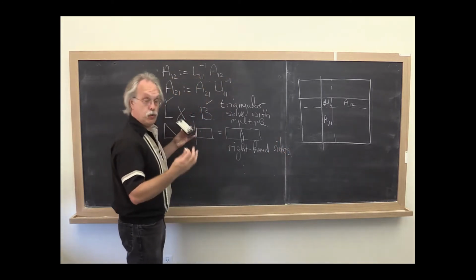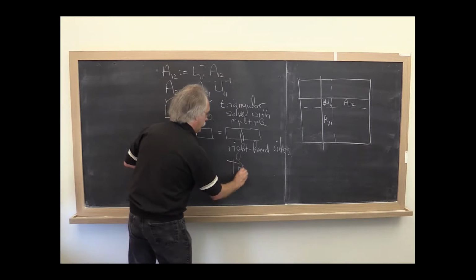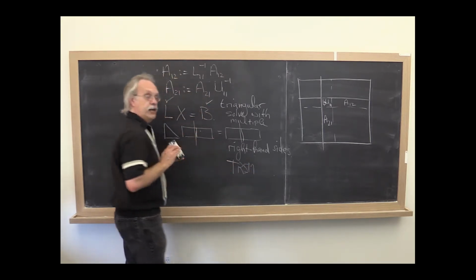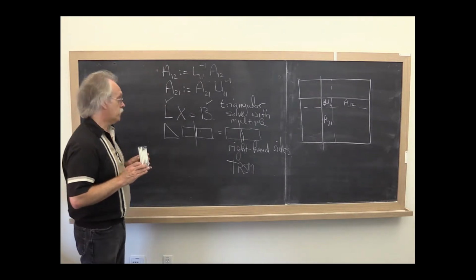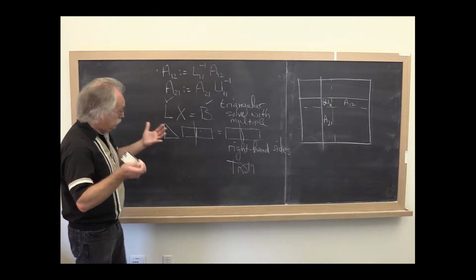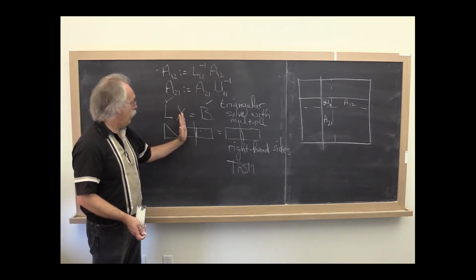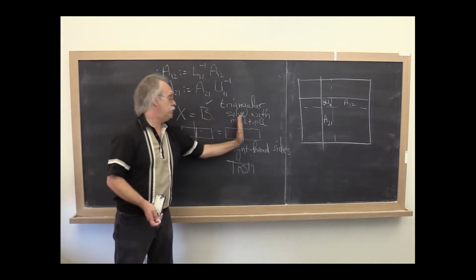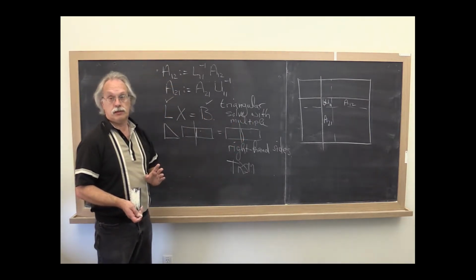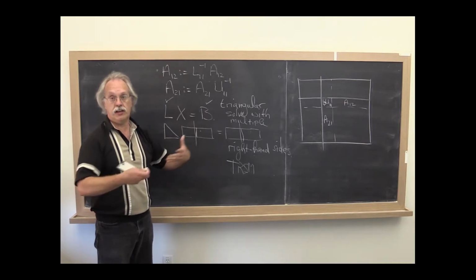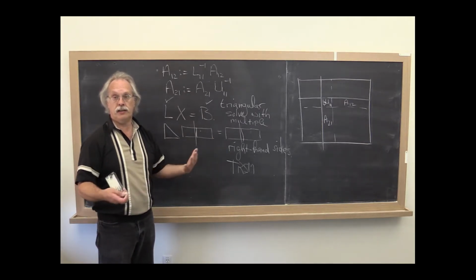Or, for short, TRSM. Triangular solve with multiple right-hand sides. Okay? And I want to stress again, it's like solving with each column of X and B separately, except you can think of it as a bigger operation, and then you have more potential for creating different algorithms.